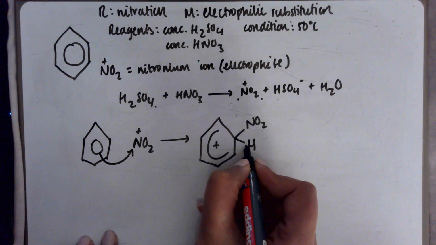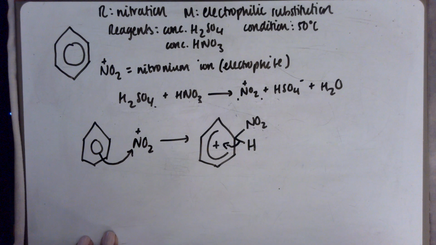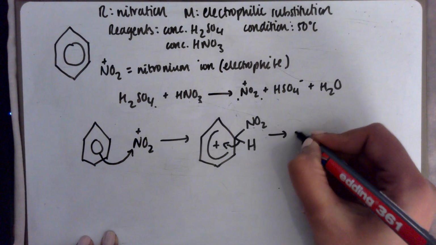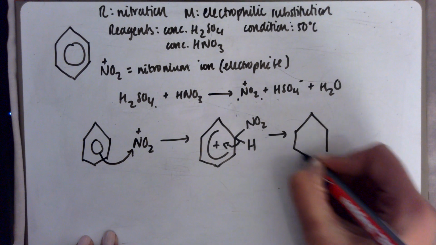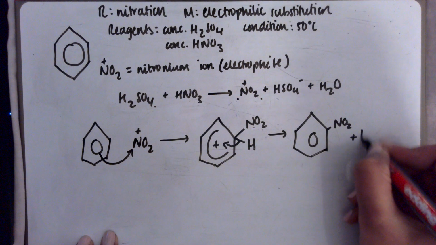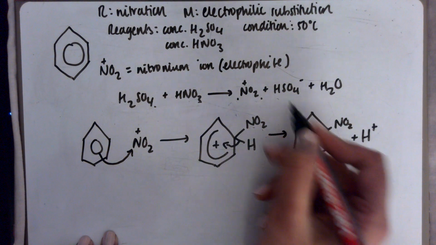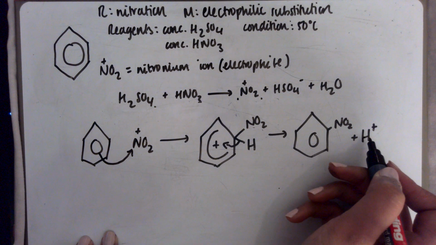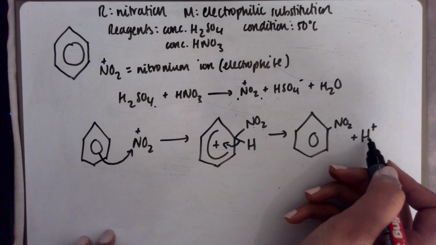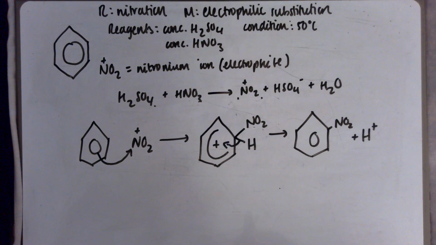The electrons from the carbon to hydrogen bond go back into the ring, so that we've substituted out that H plus for our NO2, and I'm left with the H plus. Really, that H plus is taken by the HSO4 minus in order to form an H2SO4, so reforming the sulfuric acid, but we don't need to learn that.